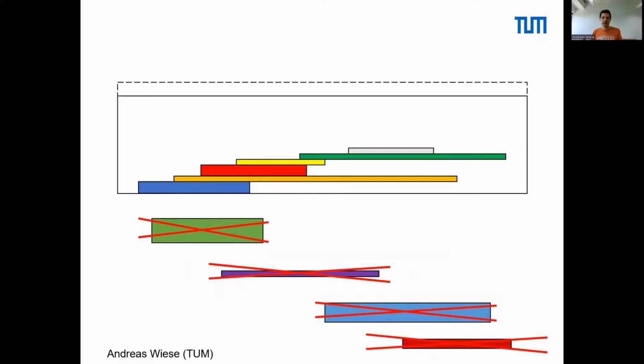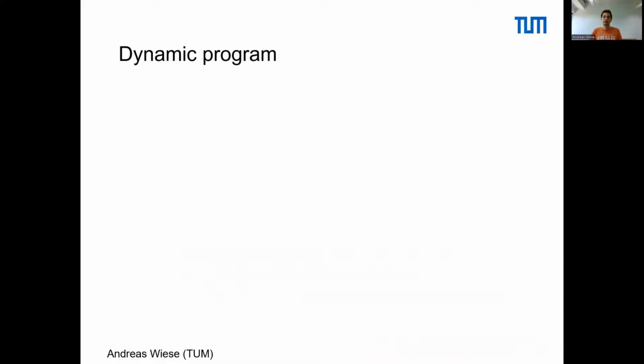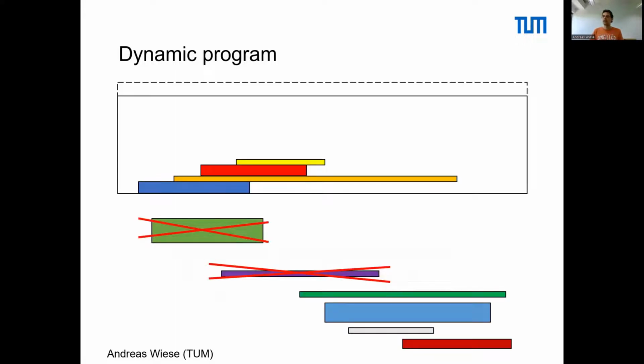Okay, so this is not yet an algorithm. This is just some high-level approach because I haven't specified how I want to decide whether I want to select a task or not. So one thing you can do in order to decide this is to use a dynamic program, because suppose we are in this situation here where the next task to decide is this green task.